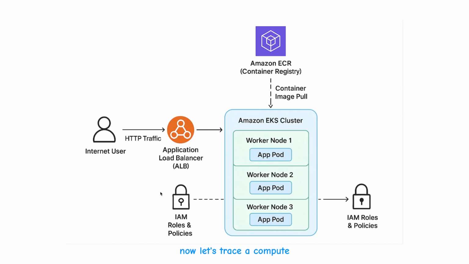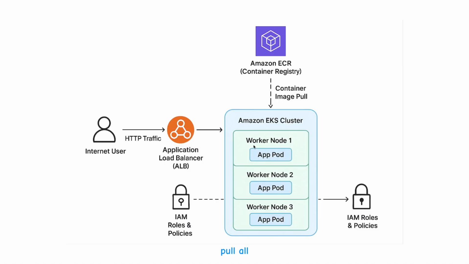Now let's trace a complete user request through our system. The user sends an HTTP request to the Application Load Balancer. The Application Load Balancer routes the request to a host in the Elastic Kubernetes Service cluster. EKS ensures pods are distributed across worker nodes.